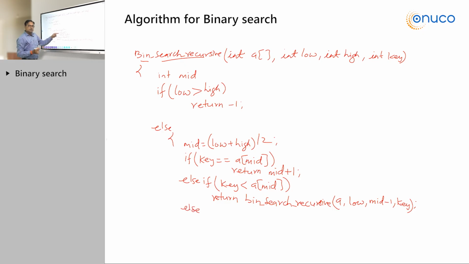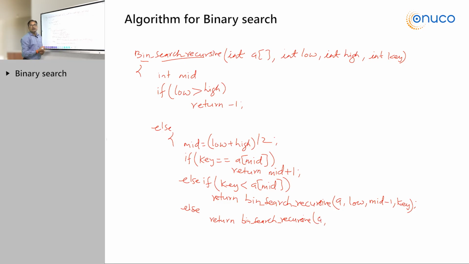If key is equal to mid, if not, key is lesser than a of mid, if not, then there is a third case: key is greater than a of mid. In that case, what are you going to write, friend? Return binary search recursive.